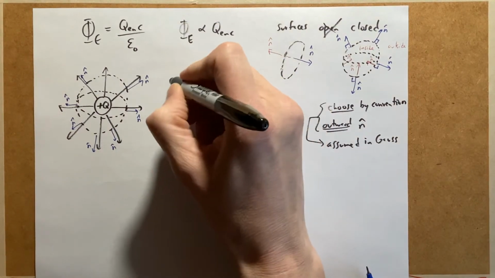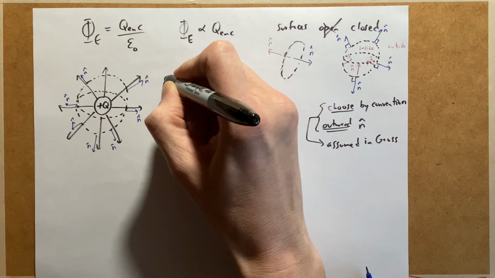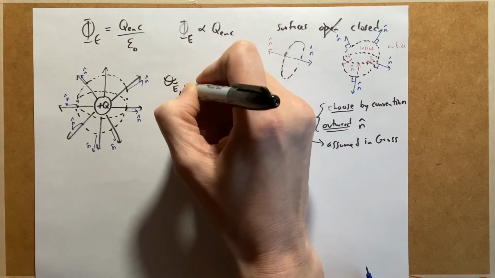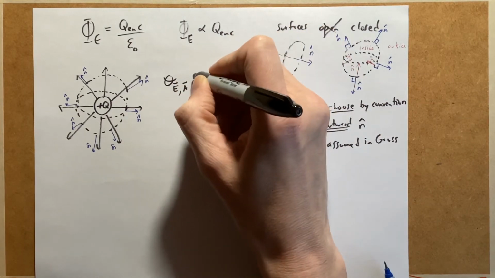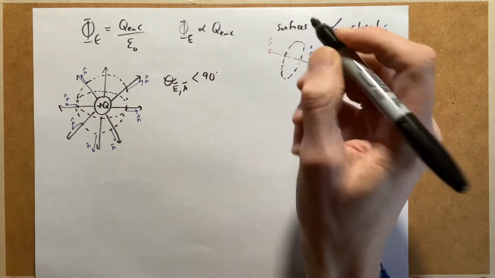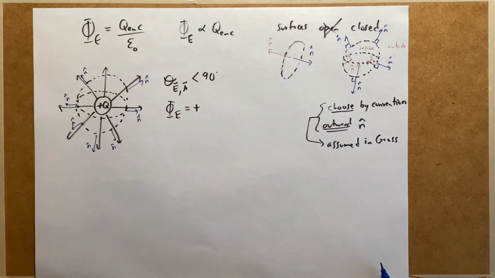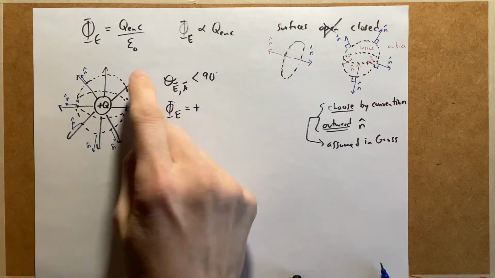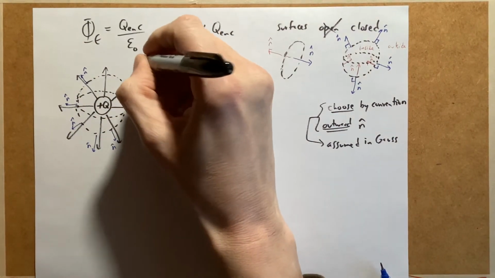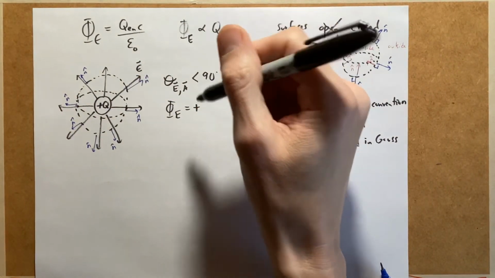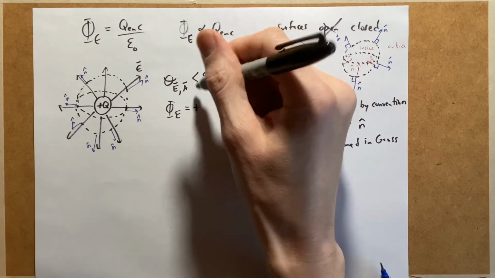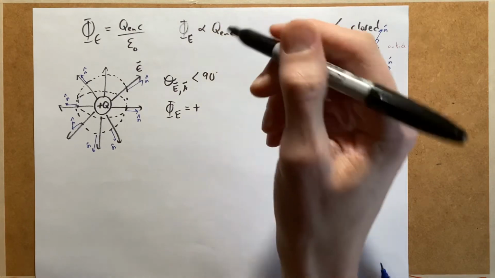So in fact, the angle between the electric field and the area vectors is going to be definitely less than 90, and so the flux overall is going to be plus. If you look back over in the dot product review, remember if the angle between the electric field vectors and the normal vectors is less than 90, then the flux will be positive.